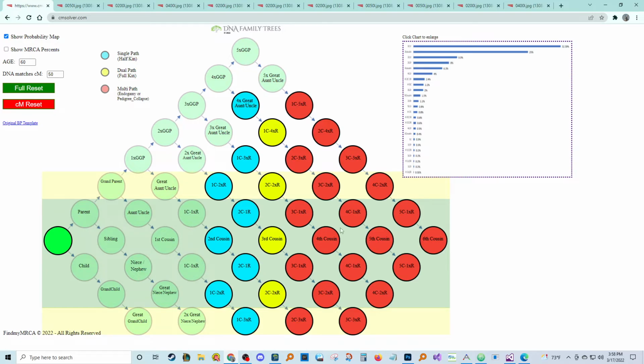You don't get to reds on a dual path. There's not enough DNA passing along. It would have to be everybody. If it's a dual path to get to red, you would have to get twice as much of the DNA all the way down to you and all the way down to them for 1, 2, 3, 4, 5, 6, 7, 8, 9, or 10 generational differences.